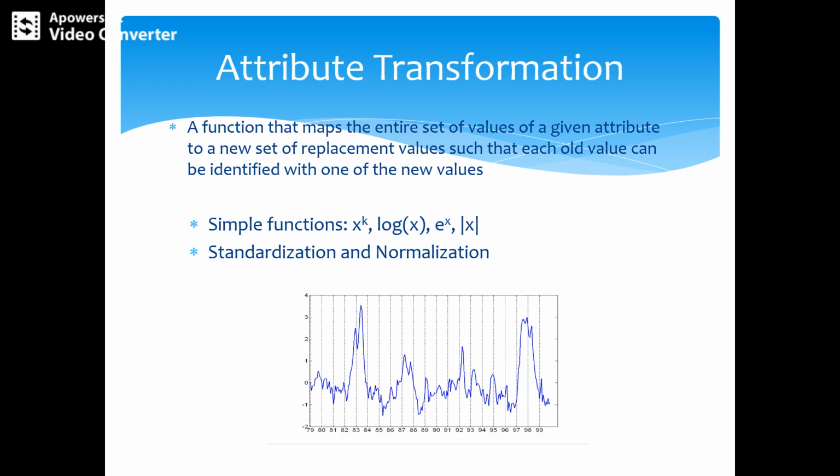The mean and standard deviation are strongly affected by outliers, so the above transformation is often modified. First, the mean is replaced by the median, and the standard deviation by the absolute standard deviation. If x is a variable, then the absolute standard deviation of x is given by the sum over i equal to 1 to m of the absolute value of xi minus mu, where xi is the ith value of the variable, m is the number of objects, and mu is either the mean or median.